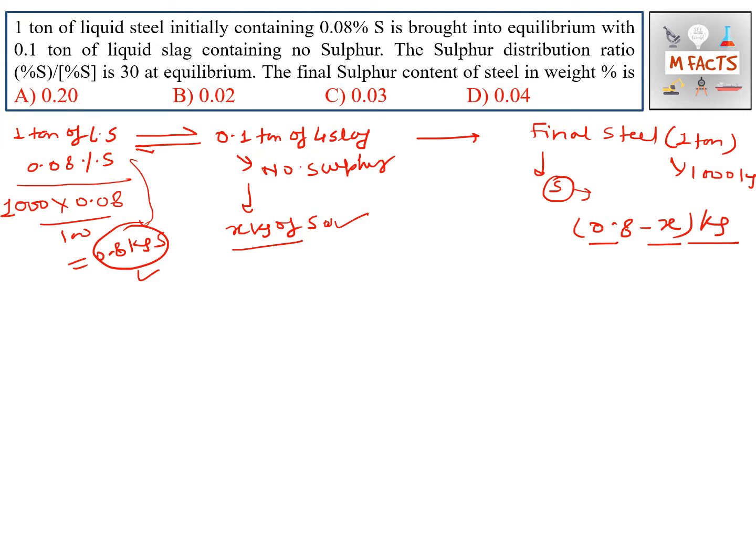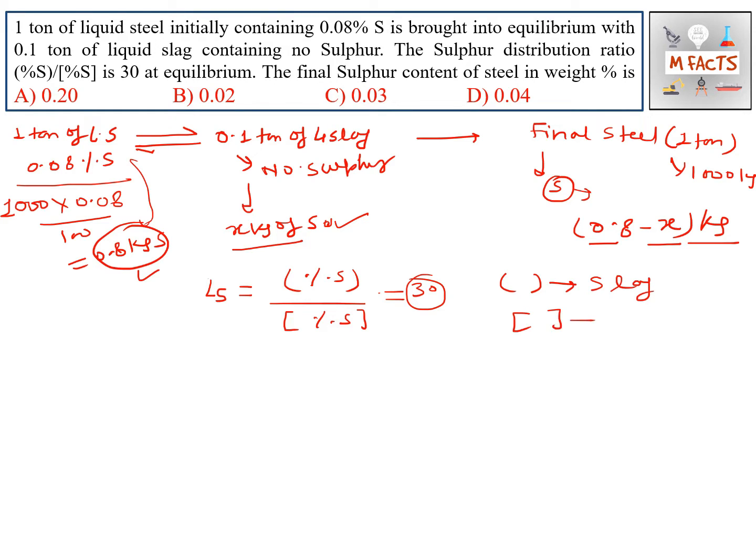For solving this type of problem, we are given the distribution ratio, that is, percentage sulfur in slag to percentage sulfur in metal. This value is given as 30 for this question at equilibrium. The round bracket is used for slag and the square bracket is used for metal, that is, liquid steel.